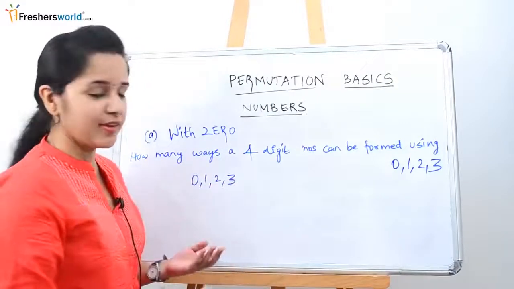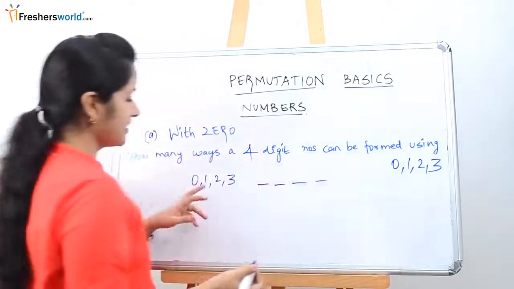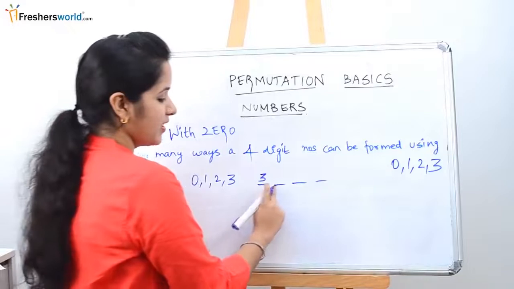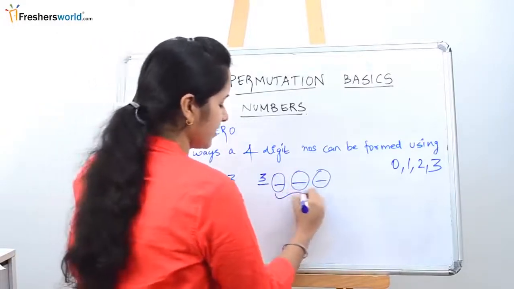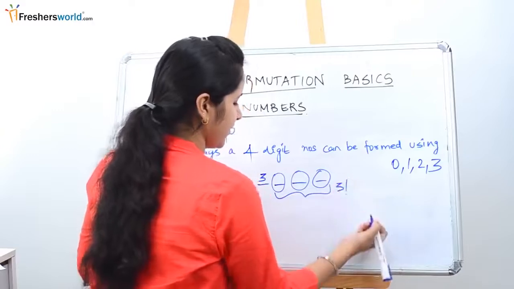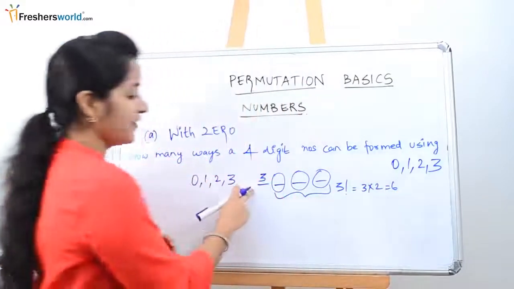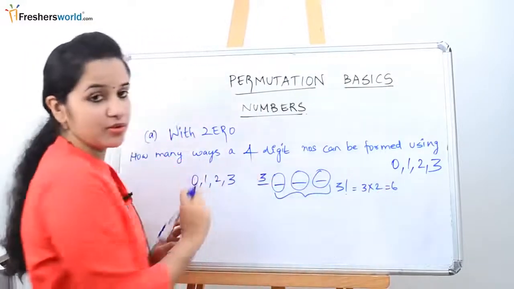How many digits do we have to form? 4-digit numbers. First let's consider 3. If we have 3 in the first place, in how many ways can the other numbers be used here? It is 3 factorial ways, which is 3 into 2, 6. So if we have 3 as the first digit, there are 6 ways you can form the 4-digit number.